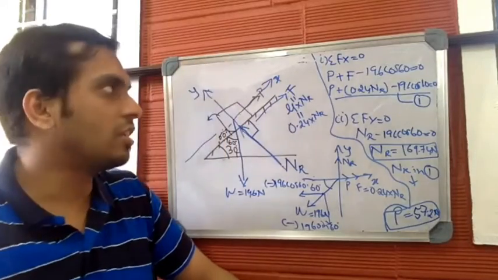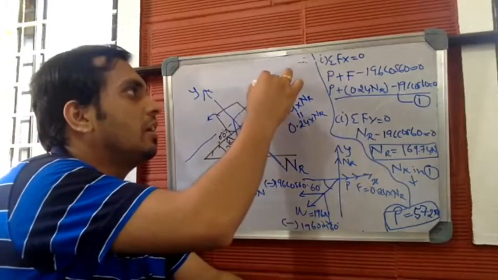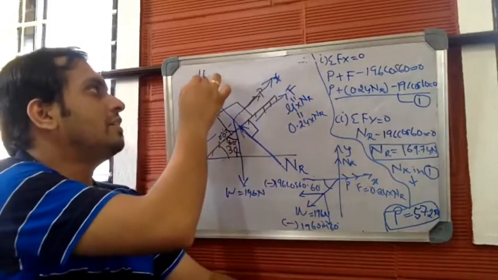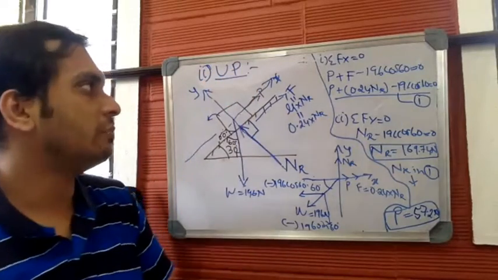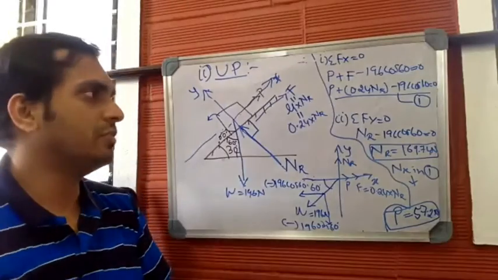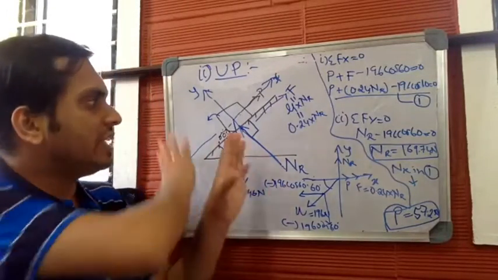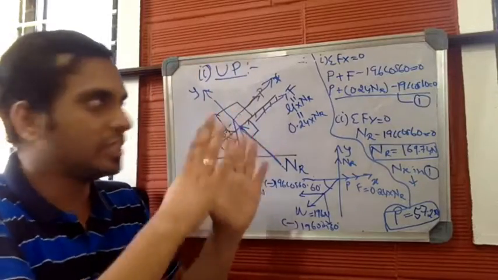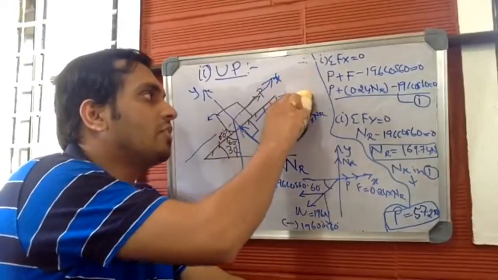So this is the first case or first condition where we found the value of P when the body impended down the plane. The second condition will be body impending up the plane. So what do you understand by this? When the body impends up the plane, everything remains as it is. The only thing which changes is the direction of frictional resistance.